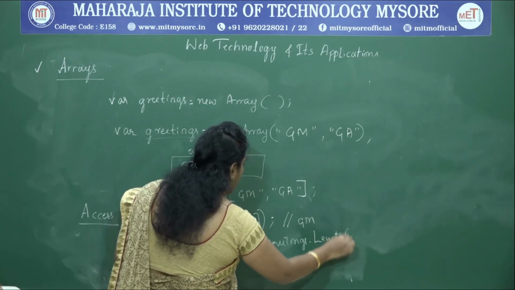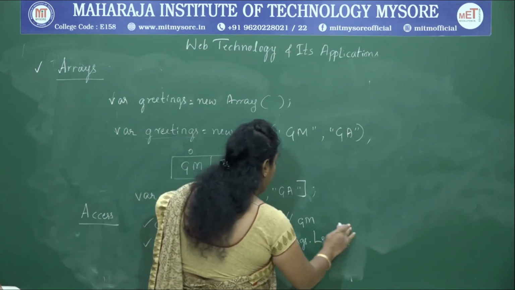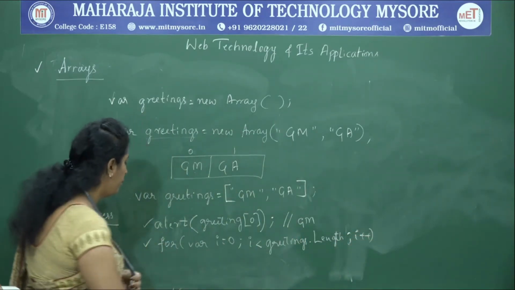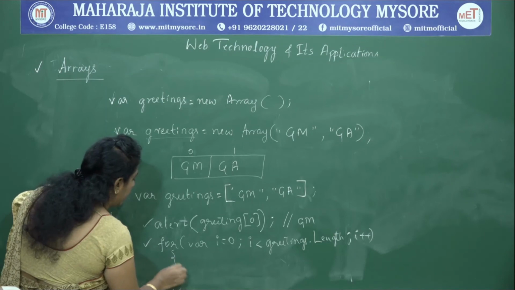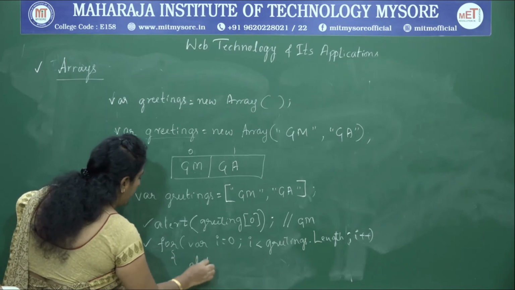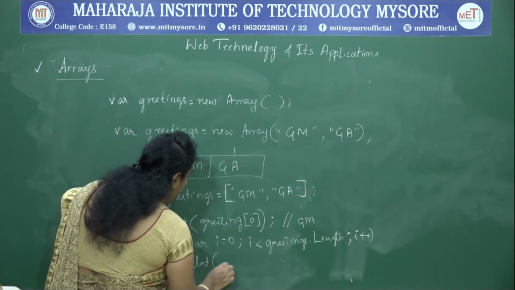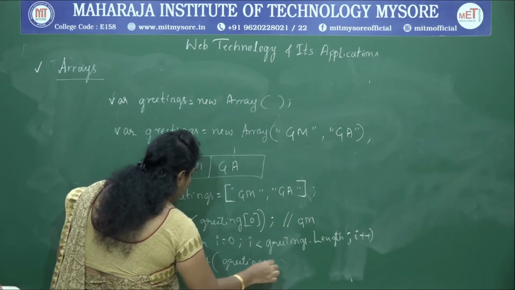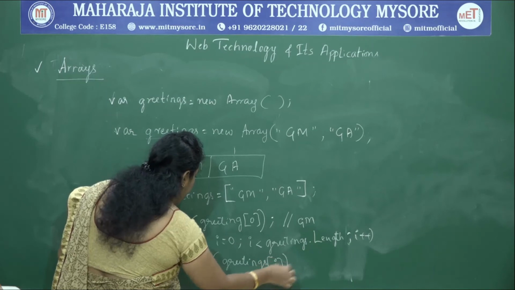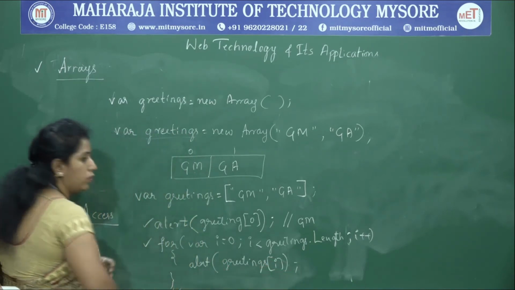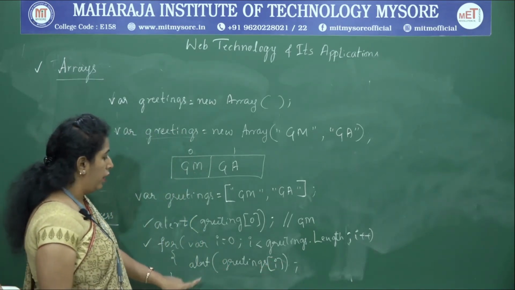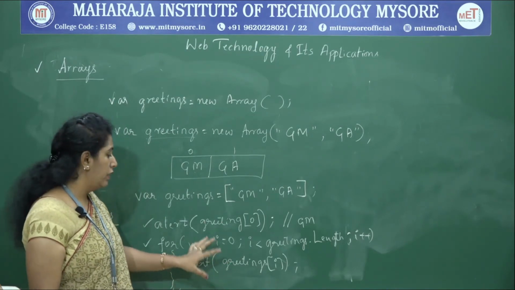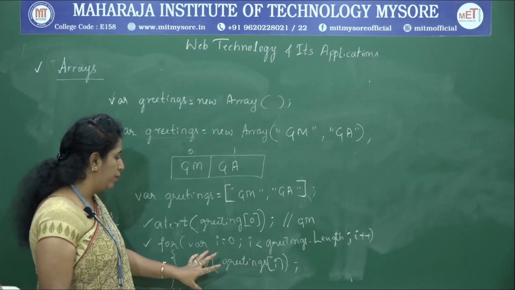In this way you have to call. Then i plus plus. Inside this you want to print alert, then greetings of ith index. So this is one simple program logic which illustrates how to print the contents of an array.